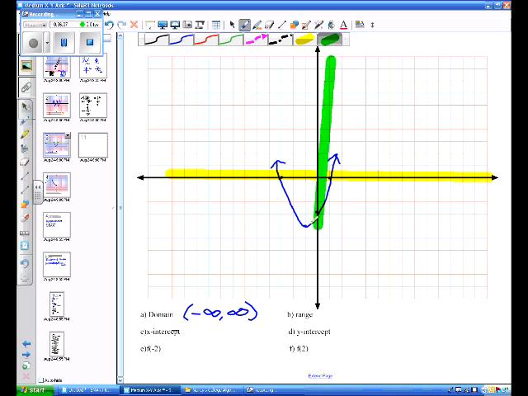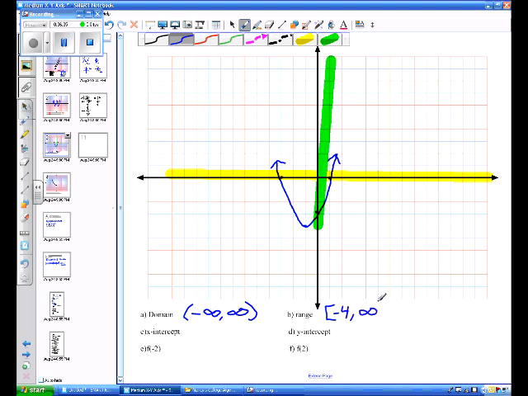Those are the y values that we're going to get when we use any real number. Remember, our y is the dependent variable. So our range starts at -4. It includes -4.